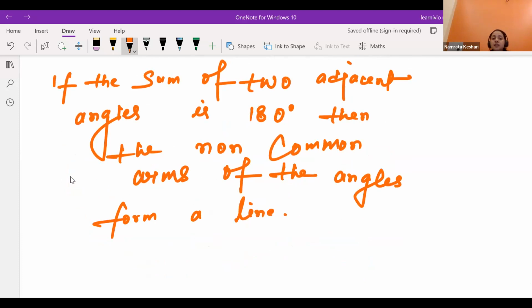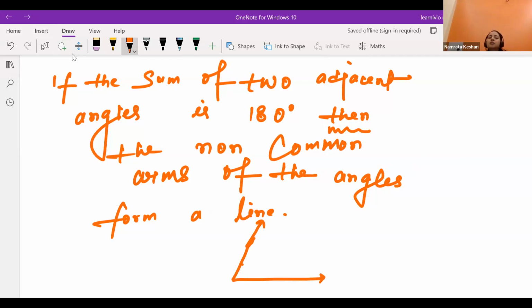Let's read it carefully. It says that if the sum of two adjacent angles is 180 degrees, then the non-common arms of the angles form a line. Anytime we are talking about an angle, two arms must be involved, whatever the angle.